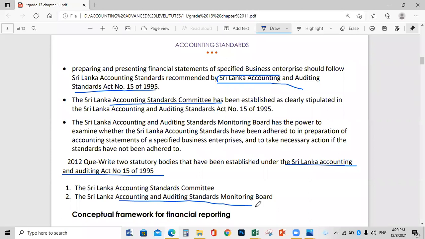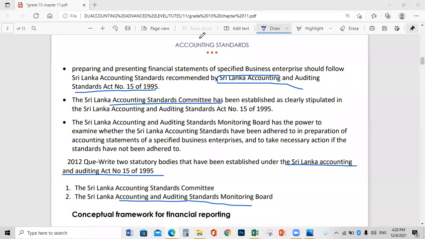What does that mean? That means, guys, there is a board called the Sri Lanka Accounting and Auditing Standards Monitoring Board. What will they do? They will check whether every company is following the Sri Lanka accounting standards.